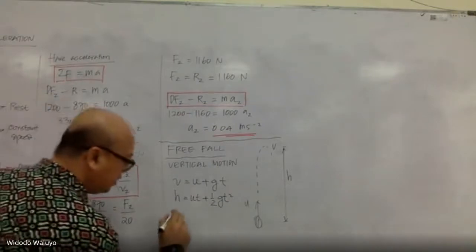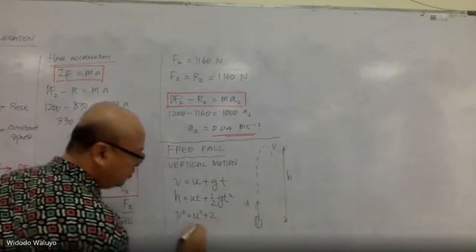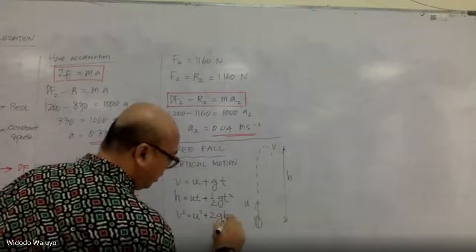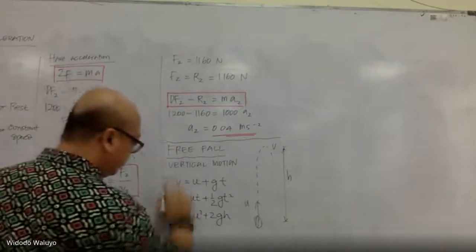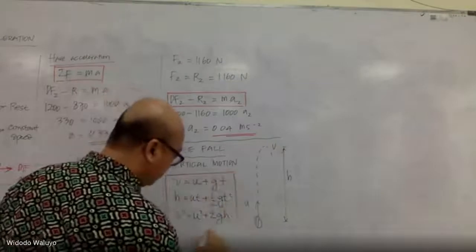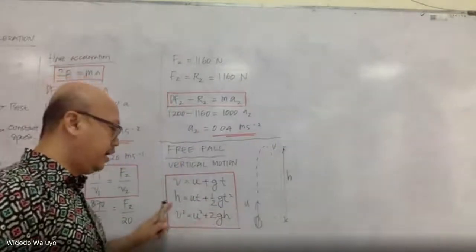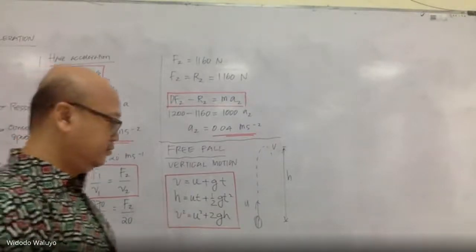And the last one is v squared equals u squared plus 2gh. So actually we change the acceleration into g, and distance into height.